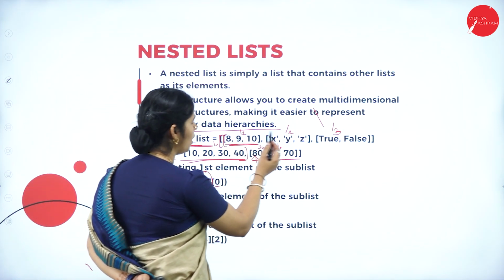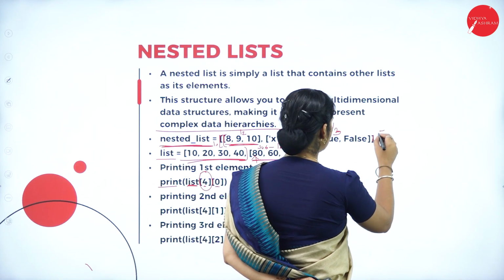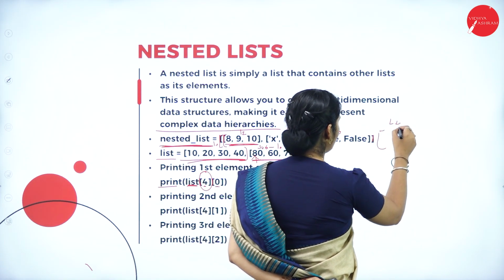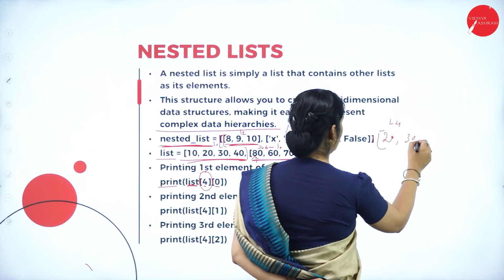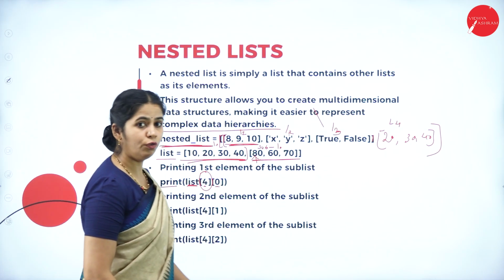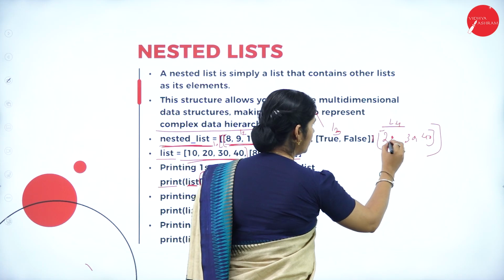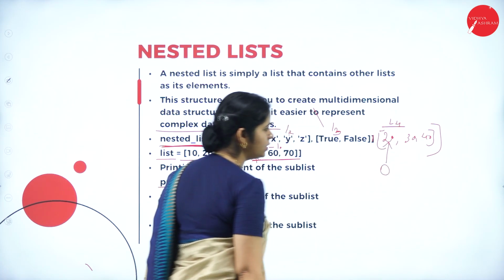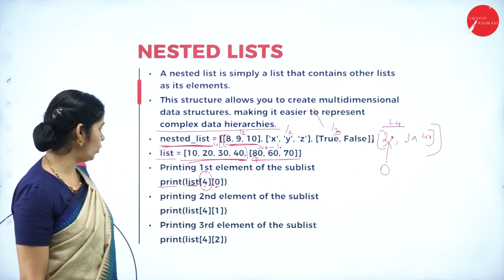Here we have used 1, 2 and 3. Say I am using one more list called L4, for that I am giving the values 20, 30 and 40. So what am I going to fetch? I'm going to fetch from L4 the first indexed value, L4 of 0.